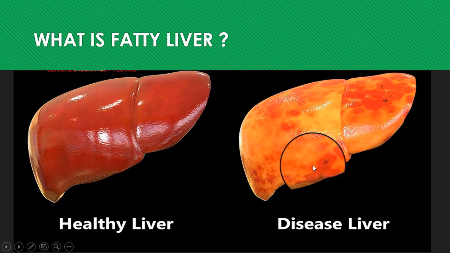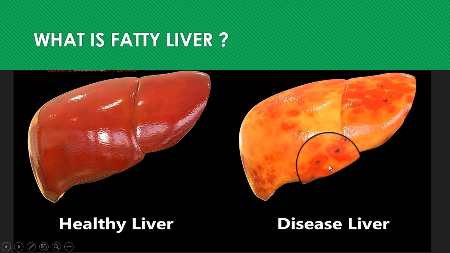When fatty liver develops in someone who drinks a lot of alcohol, it is known as alcoholic fatty liver disease. And when it occurs in someone who doesn't drink a lot of alcohol, it is known as non-alcoholic fatty liver disease.